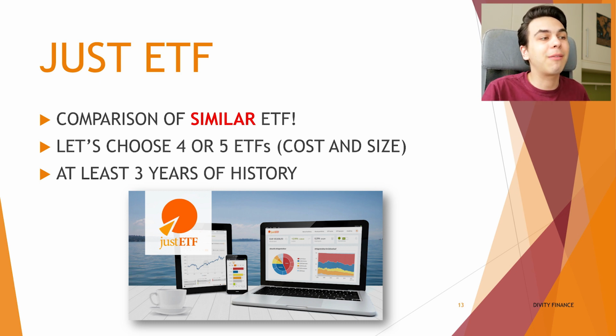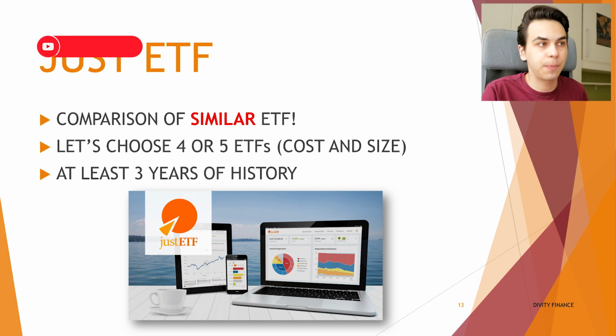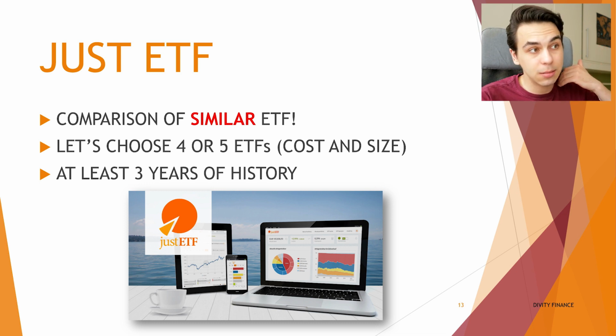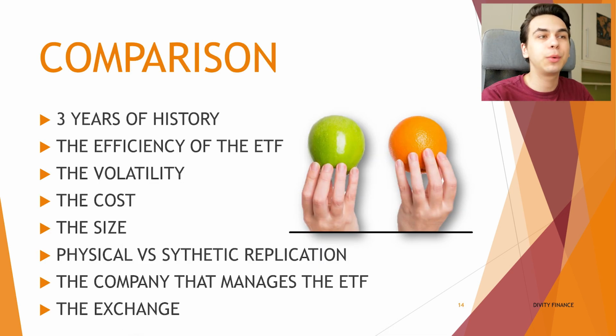Therefore, you need to have a little bit of history to see if the ETF can handle different characteristics of the market, different periods of the market. So different scenarios of the market. That's the word that I was trying to find. So 1 year as a bare minimum, 3 years would be better. More than 3 years, it's much better. Now, how do we do the comparison?